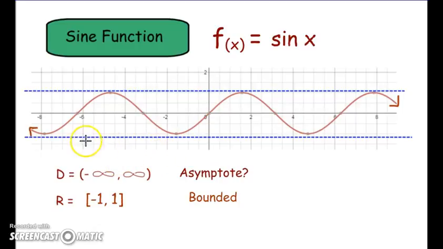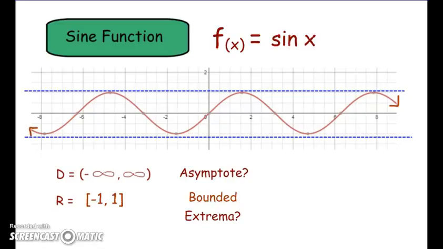So that's sort of a new word, a bounded function. It's bounded between two different horizontal lines. There are multiple extrema. There are an infinite number of maximum values, and there's an infinite number of minimum values. So there are an infinite number of extrema on a periodic schedule.